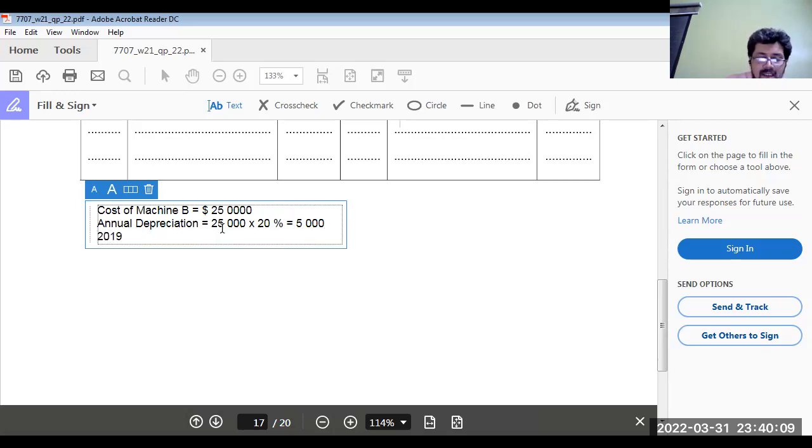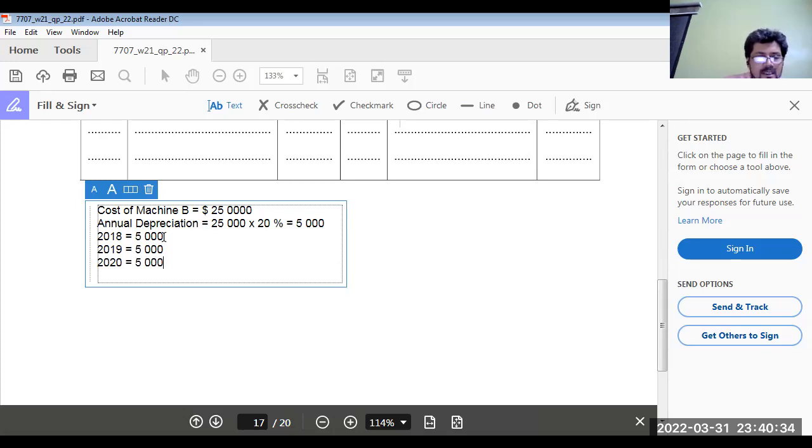2018 depreciation was 5,000, as it was purchased in 2018. 2019 depreciation was $5,000. 2020 depreciation is for 3 months.